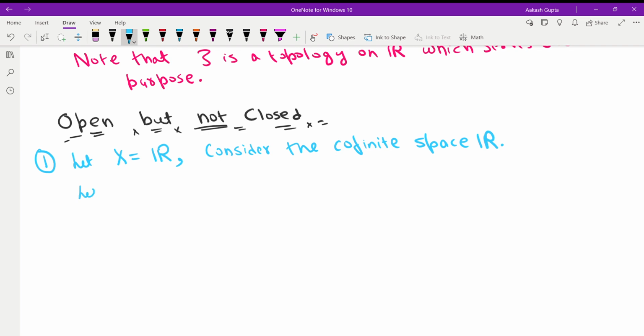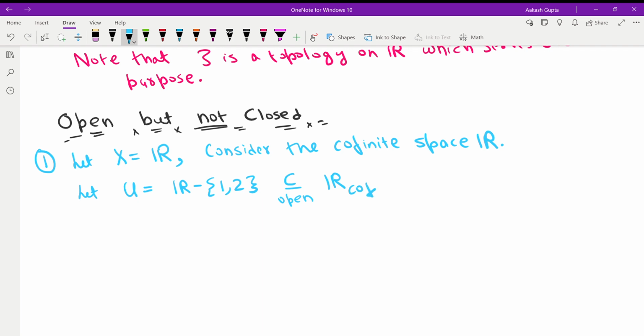Now, is it fine? Yeah. So let us take some open set. Let U equal R minus {1, 2}. Note, guys, that this is an open set in R_cof.